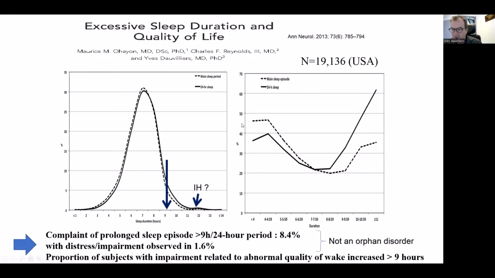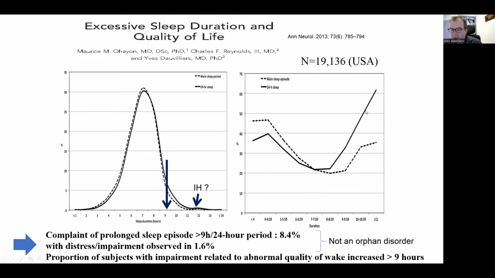And of interest, in the right part of the figure, you can see that patients who are sleep deprived, below 6 hours of sleep at night, have at least the same problem during the day as subjects who sleep more than 9 hours.